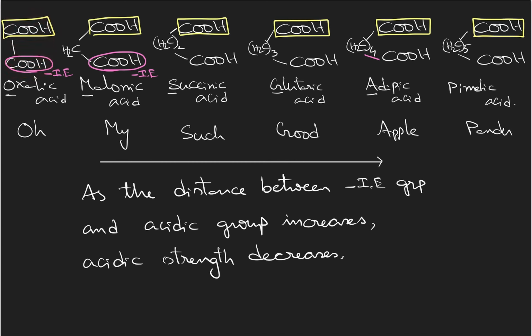And as the distance increases, the negative inductive effect group's impact on the acidic group will decrease, because inductive effect is a distance dependent factor. Therefore, as the negative inductive effect impact decreases, acidic strength also starts decreasing. So the acidic strength order here will be oxalic acid more acidic than malonic acid, more acidic than succinic acid, more acidic than glutaric acid, than adipic acid, than pimelic acid.